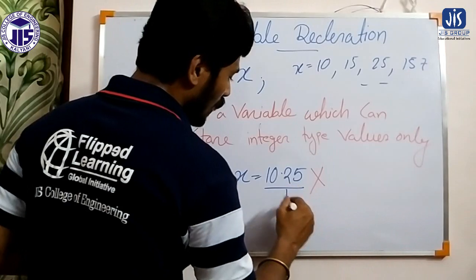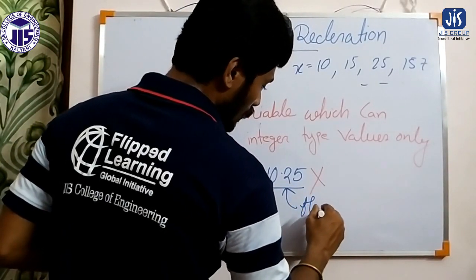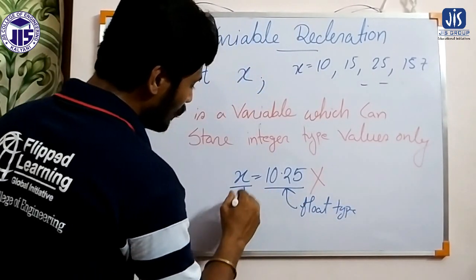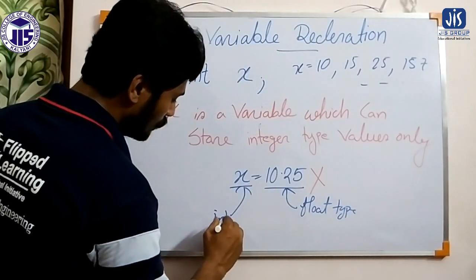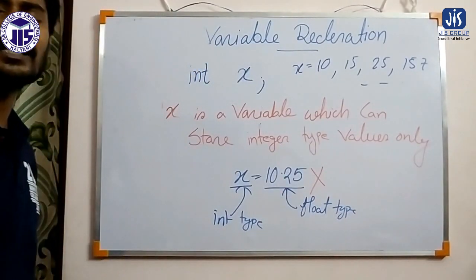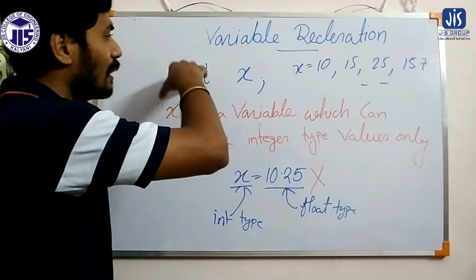It is a fractional number, not an integer, but my x is an integer type. So logically it is not possible. We cannot assign a float type value to an integer type variable. So that's why the data type is very important.